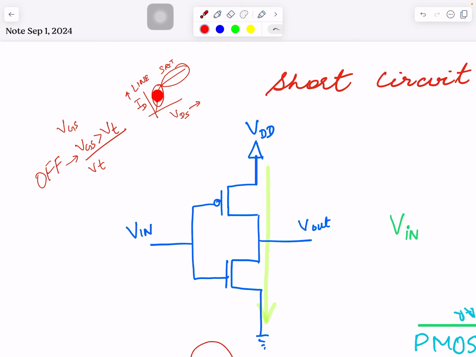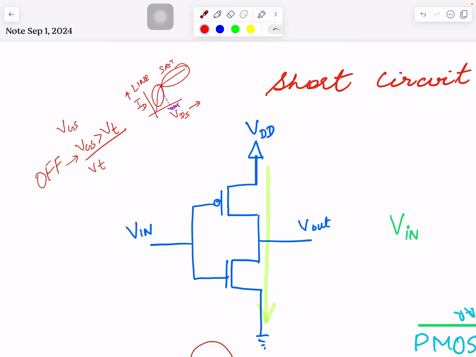But then, in the linear region, VDS eventually reaches a critical point, which I said is VD-SAT. I have a whole video on VD-SAT, so if you're confused, you can watch that. That is a particular value of drain to source voltage. At that point, if we increase VDS more, the transistor goes in a mode where increasing VDS will not have any impact on IDS, it will stay constant. So this is the saturation region.